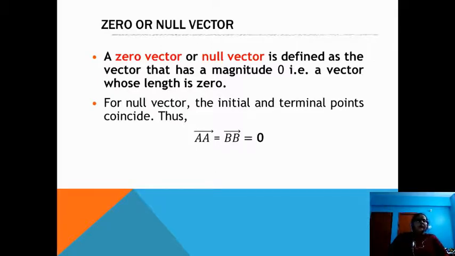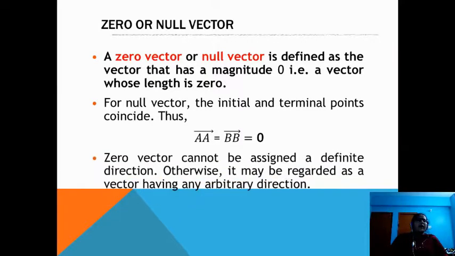Note one thing: because a null vector is a vector of magnitude 0, we cannot draw the vector because the length of the line segment is 0. Therefore it is also not possible to assign any direction to the null vector. In other words, we say that a null vector or zero vector may be regarded as a vector having any arbitrary direction, because we cannot assign a definite direction to it.